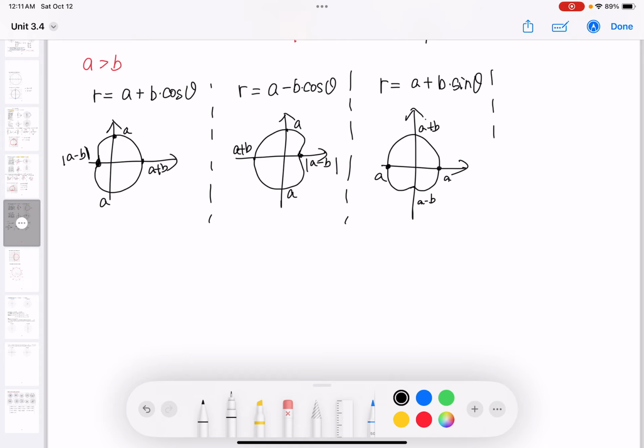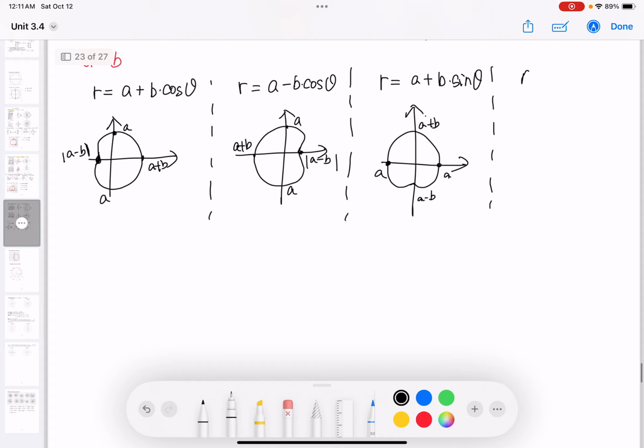So the last type is r is equal to a minus b times sine theta. So we are going to have my graph like this. Because of the negative sign, the major part is located on the negative y-axis. This is a, this is a, this is a minus b, and this is a plus b.